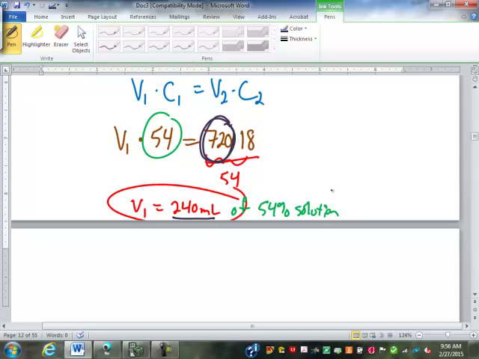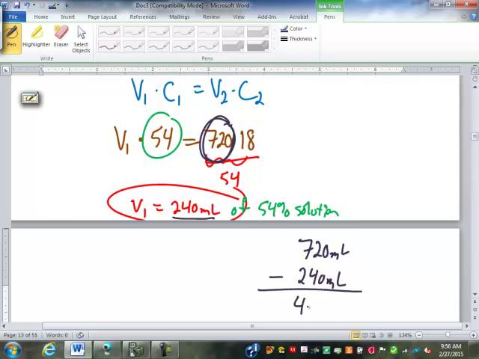The difference in that volume must be made up with saline or some sort of a neutral substance. So we're going to do 720 minus 240, 480 milliliters of neutral solution.